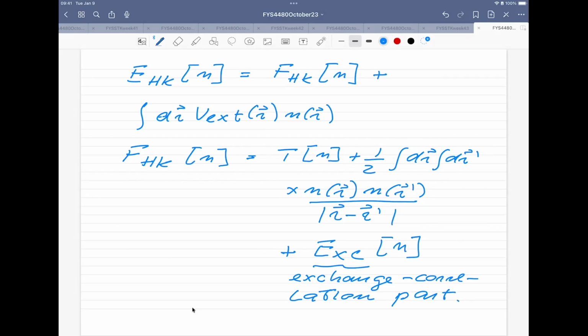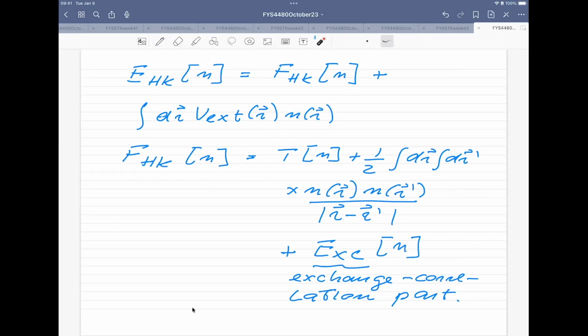So the term which we call F of H here, this one, is normally regarded as a universal term in the sense that it depends on kinetic energy and it depends on the interaction which we have. Then the details of the system are defined by the external potential which confines the motion of the particles.